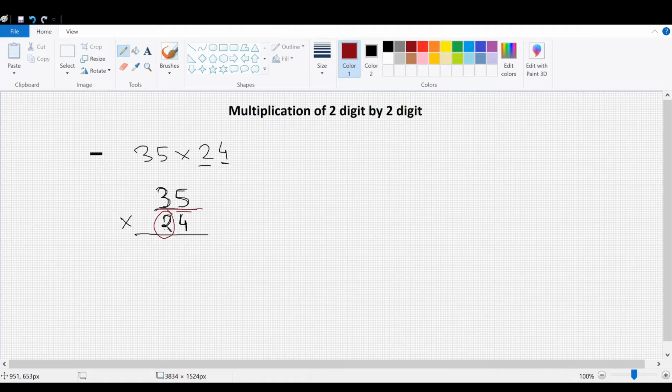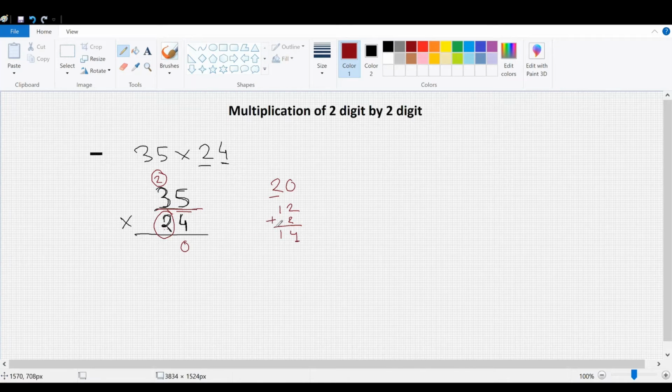4 times 5 is 20. I will write down 0 in the ones house and carry our 2 to the tens house, which is also called regrouping. Okay, 4 times 3 is 12. Don't forget to add the carry 2. It will give us 14.